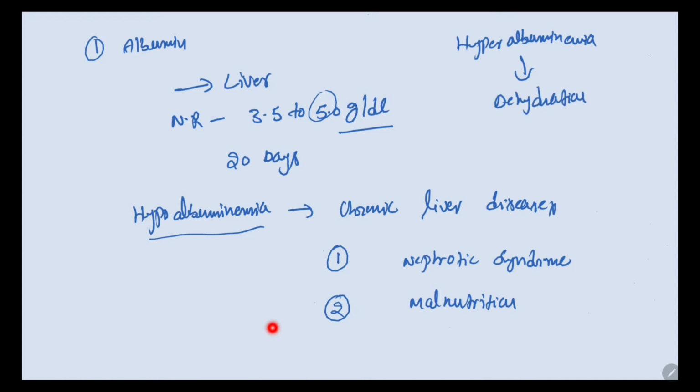Okay, so this is about albumin and its normal ranges. It is estimated mainly by the BCG method, bromocresol green method, quantitatively. Next, the transaminases, AST and ALT.